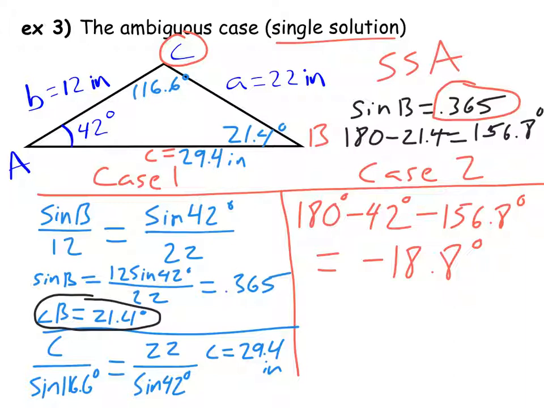Because we got this negative right here, we can conclude there is no second case. So when we're getting to the side-side angle with the second case, it's possible that we have it. There's no guarantee that we do. We might. This happens to be a case where we don't.